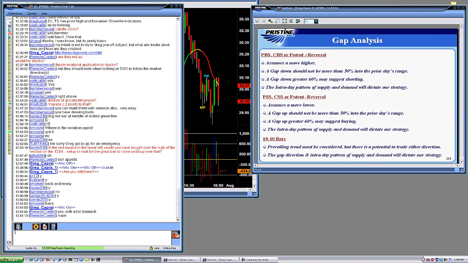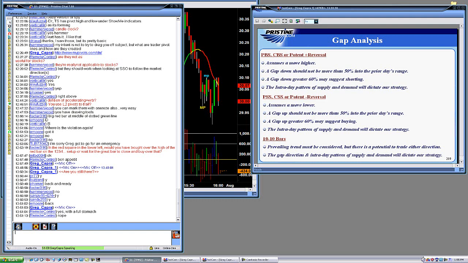As I said, we're starting with the daily chart for our bias. This can be a PBS, it could be a CBS, or it might be a potent reversal. Buy setups obviously assume that prices are going to move higher. Sometimes they gap down. It shouldn't be a significant gap down from that buy setup.